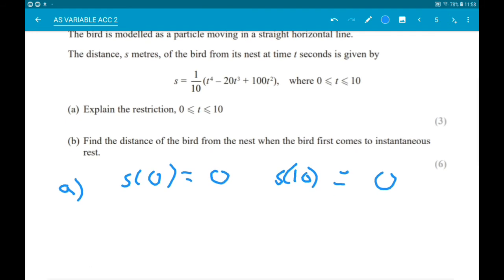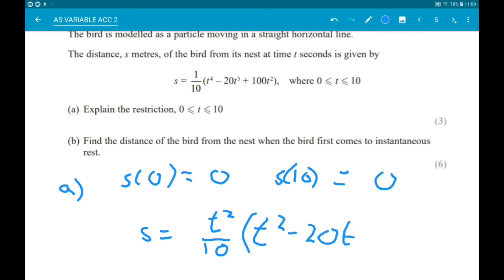So we could write it as s is equal to t squared over 10 times t squared minus 20t add 100.